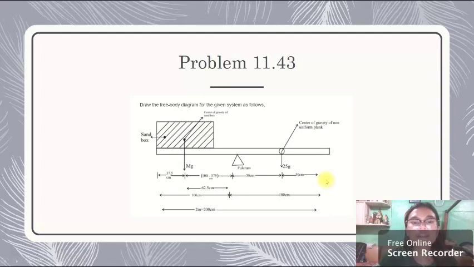So this is the free body diagram of the problem. So here, as you can see, this is the half. The fulcrum is in the middle, so this is considered to be the half.